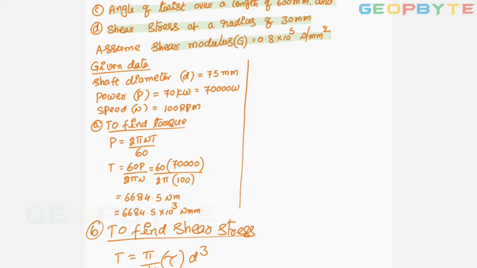Come to the third bit. Third bit is angle of twist.